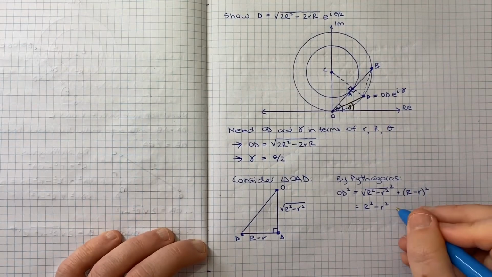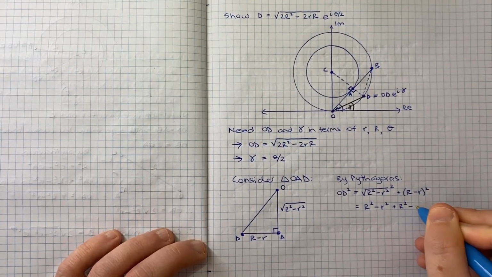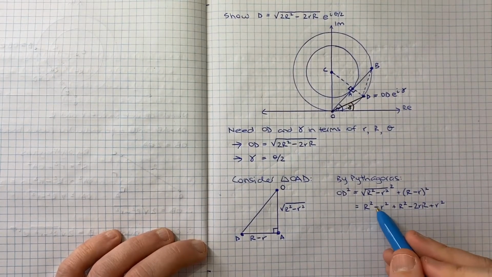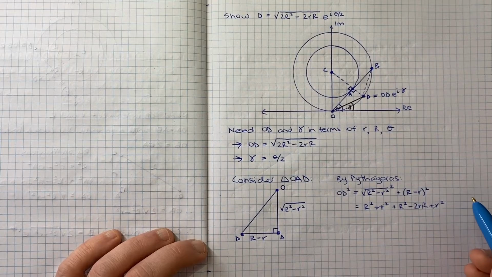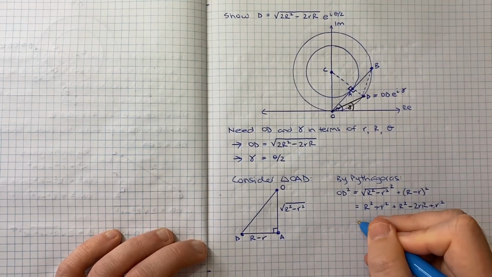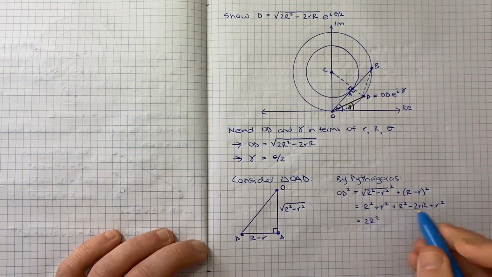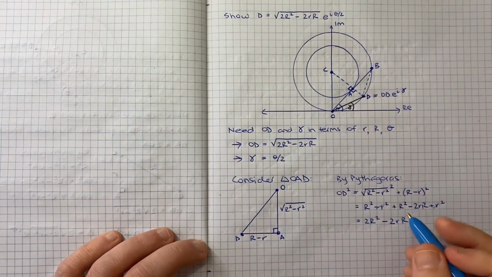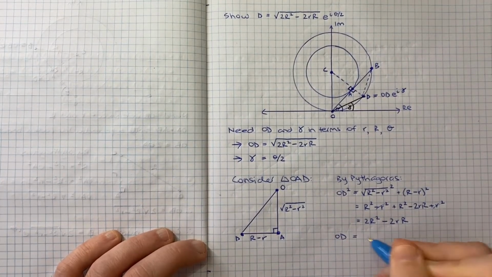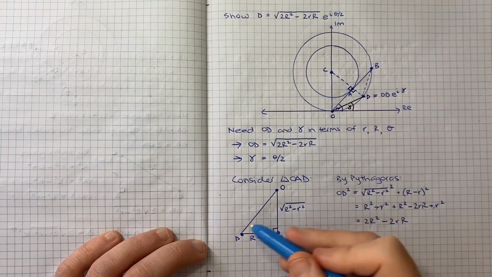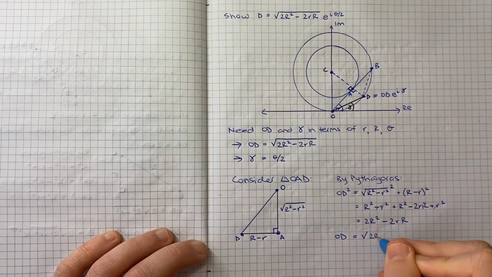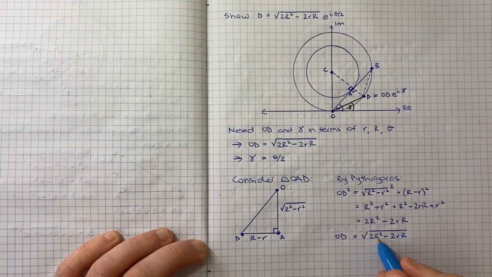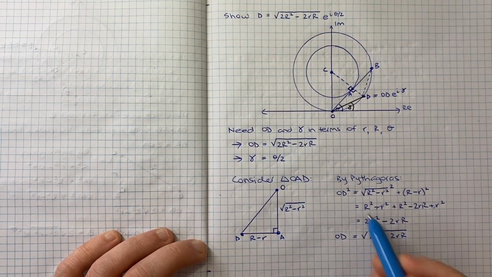And here I'll just expand. We get the first one squared, minus twice the product, plus the last one squared. And this minus r squared and plus r squared will cancel. We've got 2 capital R squareds, and then a minus 2 lowercase r capital R. And we want just OD, so OD is equal to the positive square root, because it's a length, of 2 capital R squared minus 2 lowercase r capital R. And that is exactly what we needed to show for OD.